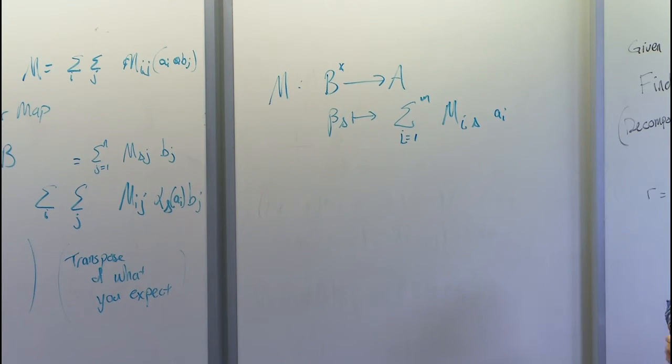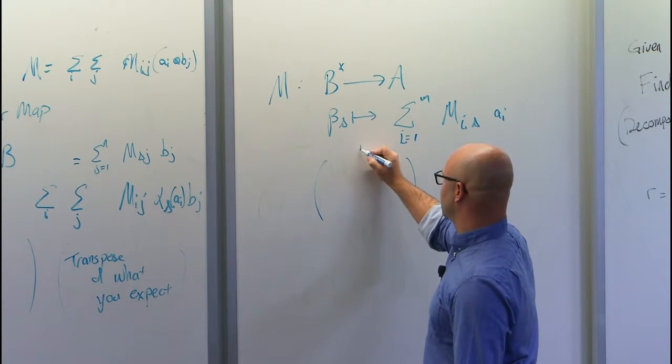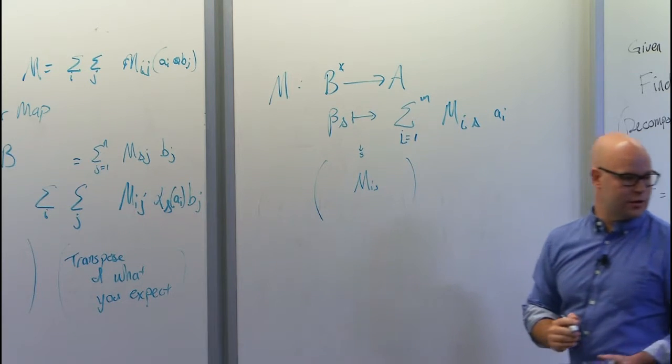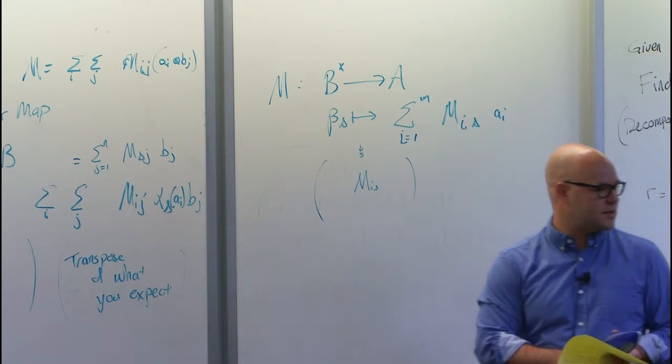Okay, so remember, the betas are dual bases, so then this is the matrix whose S column is M I S. This is the usual matrix that we would associate with these indices. So this is clear how to take an abstract vector in a tensor product space and write it as a matrix.